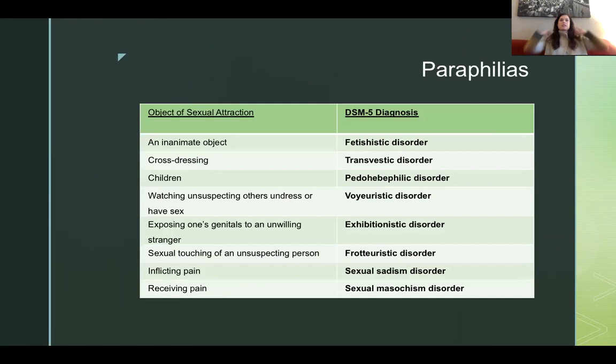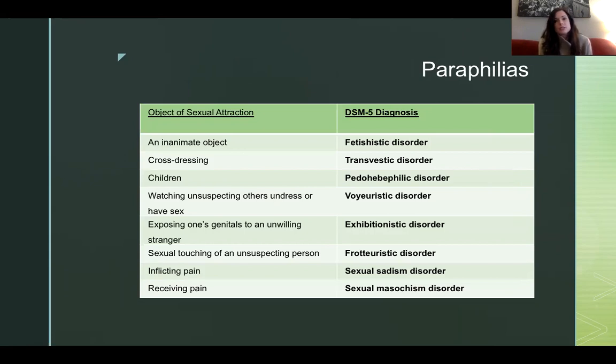So fetishistic disorder is being attracted to an inanimate object. Transvestic disorder is cross-dressing, but this is different from gender dysphoria or varied gender expression. So people who are non-binary or identify as transgender do not fall in this category.